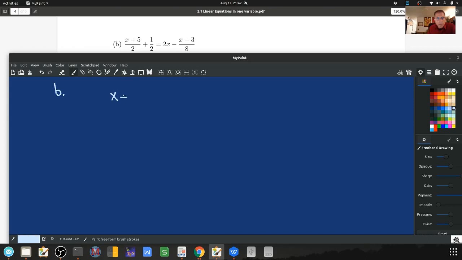So let's do (x + 5)/2 + 1/2 = 2x - (x - 3)/8. The first thing I want you to notice, this is a minus sign right here, and this numerator is not a single element.